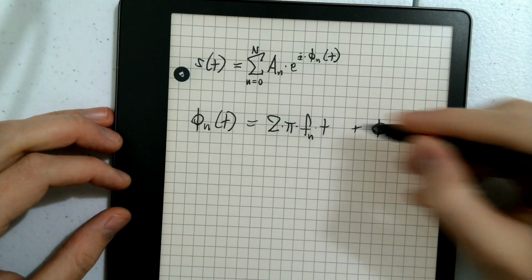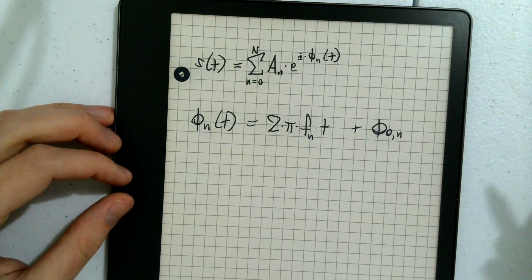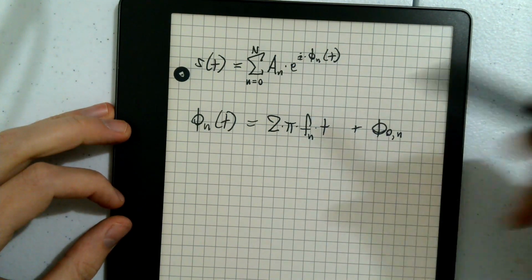Now the frequency depends on which component we're looking at, so we'll say frequency sub n, and phi naught is also sub n. So each component of the signal has its own parameters for the wave equation. All right, so we have a defined signal here.